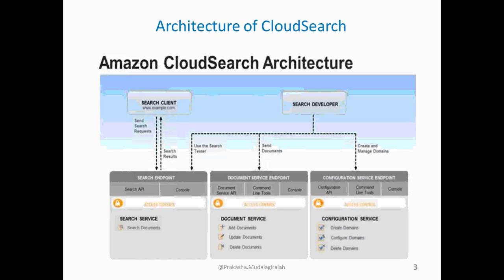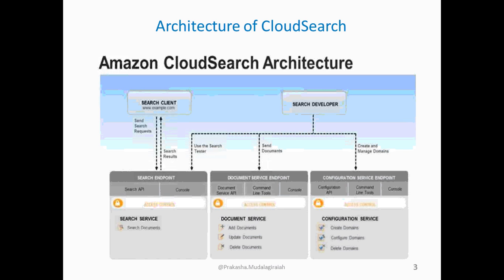The configuration service allows us to create a search domain with required index configuration options, scaling options, text analysis schemes, suggesters, and expressions. When we create a search domain, we have two important endpoints.